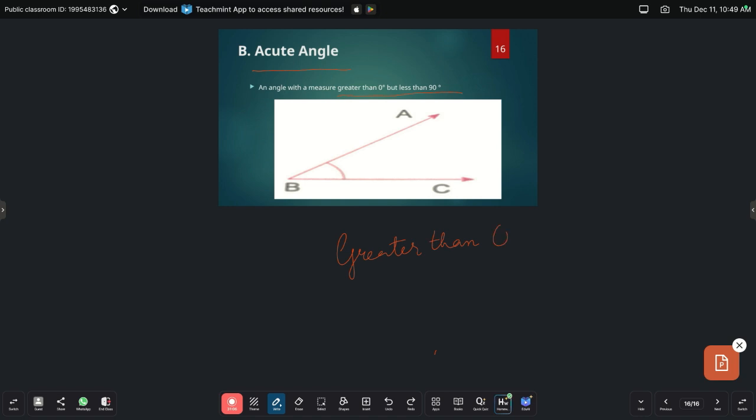That means it can be 1, 2, up to 89, because it should be less than 90. It cannot be 90 because 90 is a right angle. So the angle whose measure is greater than 0 but less than 90 is called an acute angle.